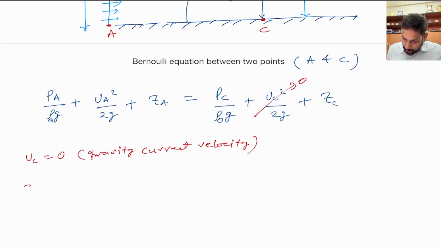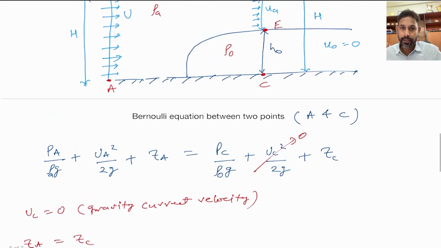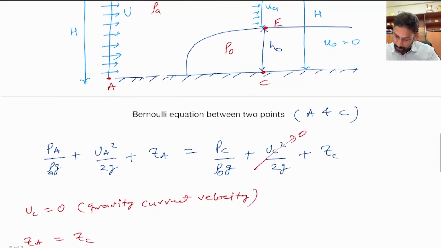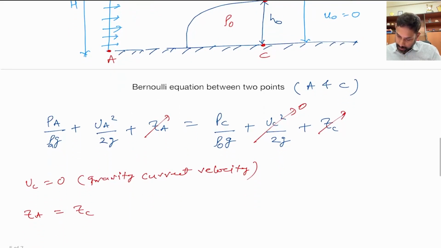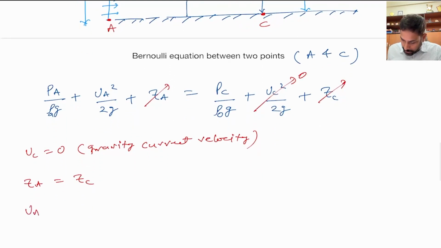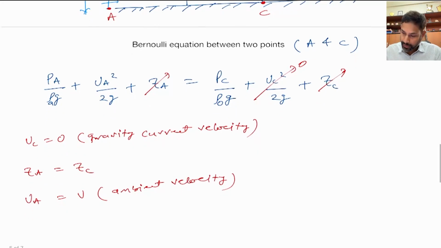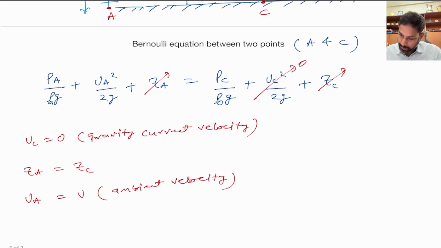We also know that ZA is equal to ZC, as we can see from the figure drawn above, so they cancel each other. And then UA is simply equal to U, that is ambient velocity, right?